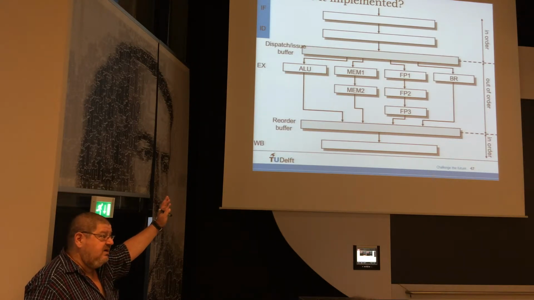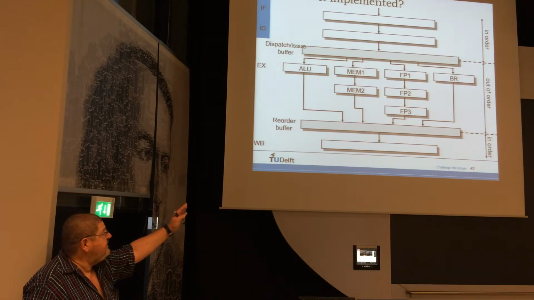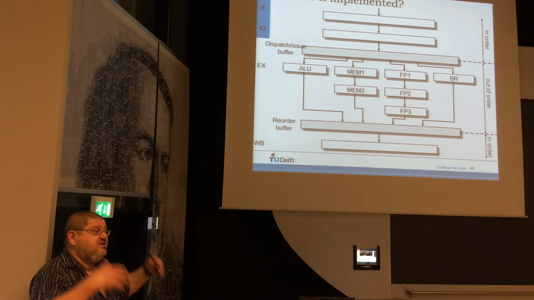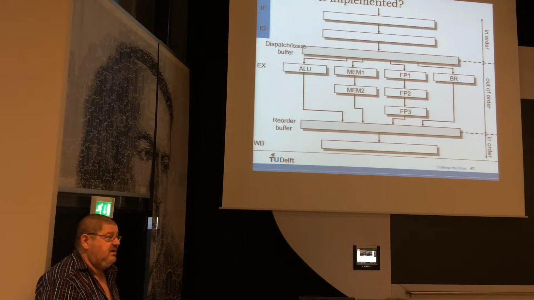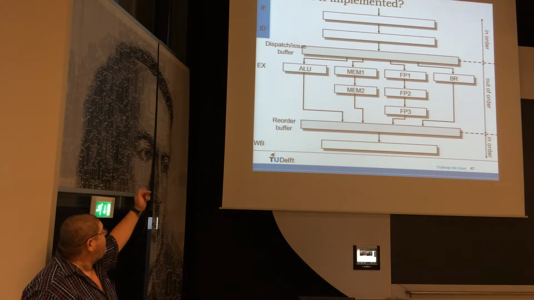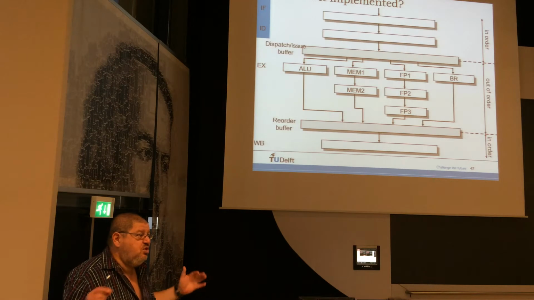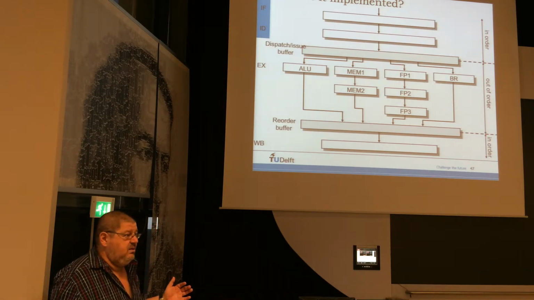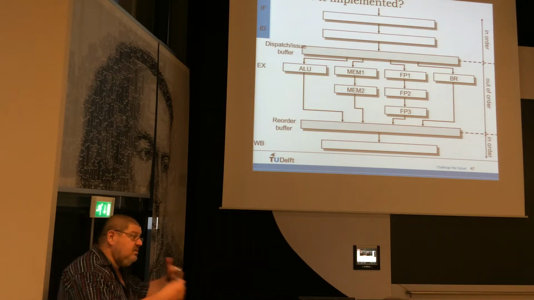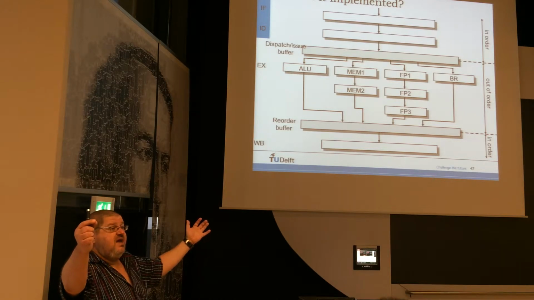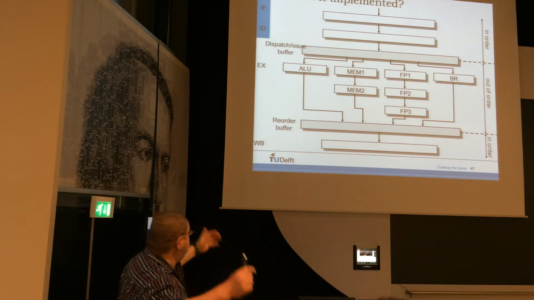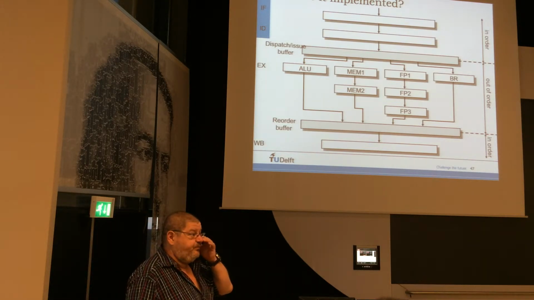I have memory, I have floating point, and I have branch. And then those instructions can execute in parallel. On dispatch and issue, I have to do Tomasulo kind of work. Then they go on different avenues, and eventually they hit the reorder buffer.